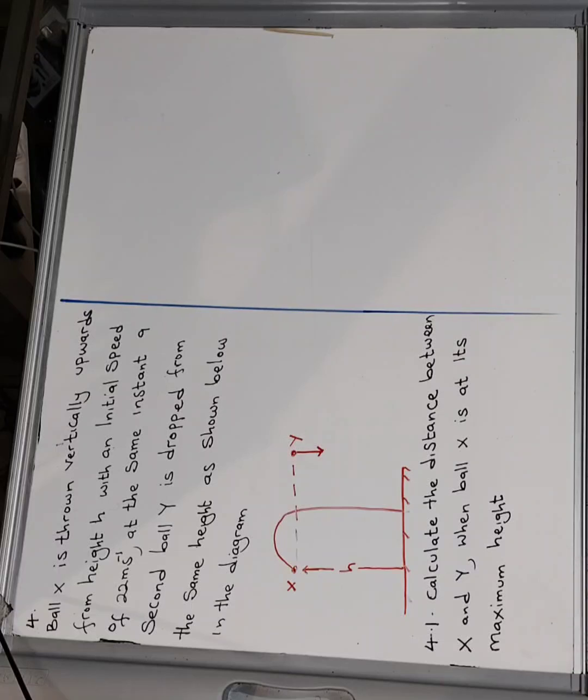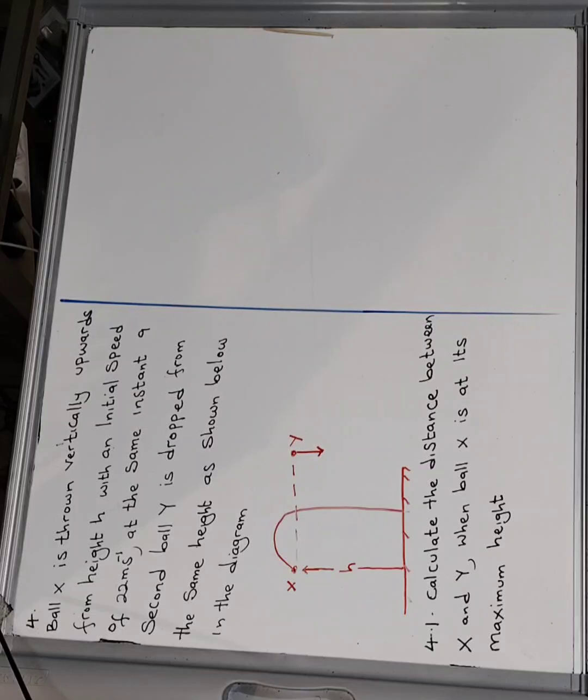Okay, so when you look at this question, let us analyze it a bit. You look at the common factor between ball X and Y. What is common? What are the two motions? As ball X moves to maximum height, ball Y drops a particular distance.